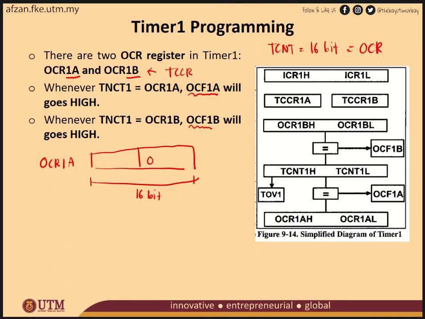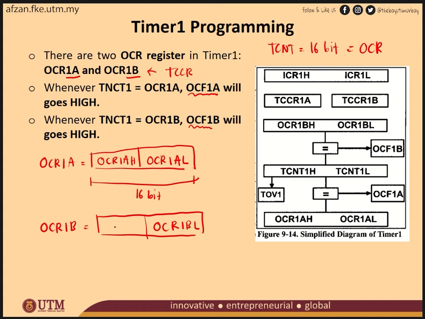One we call OCR1AL, and for the higher byte we call it OCR1AH. Similar to your OCR1B. This OCR1B is also a 16-bit register, so you can divide OCR1B into a low byte and a high byte. For the lower byte we call it OCR1BL, while for the high byte it is OCR1BH.